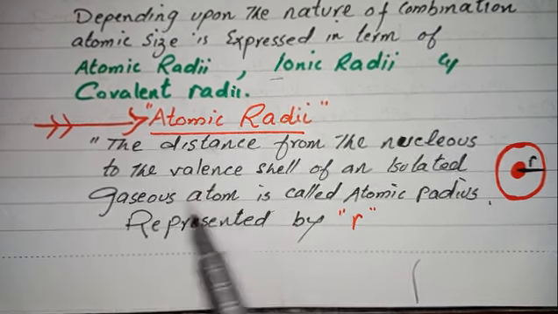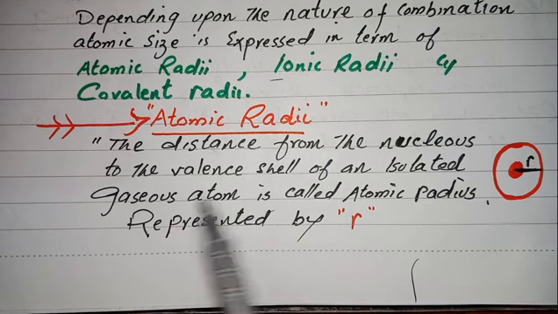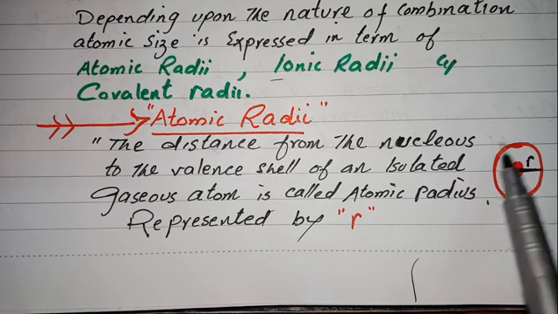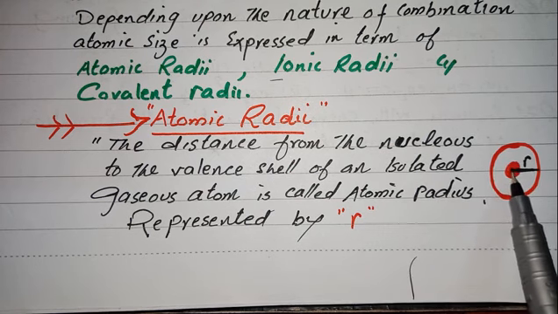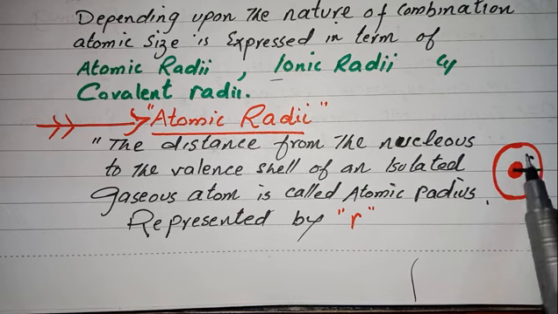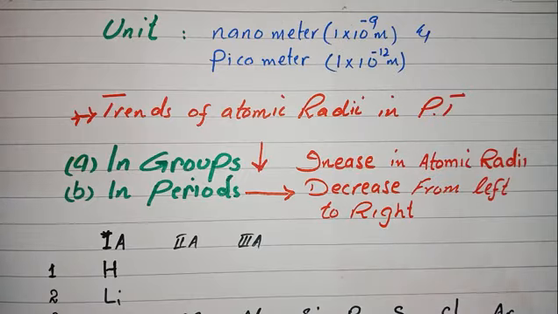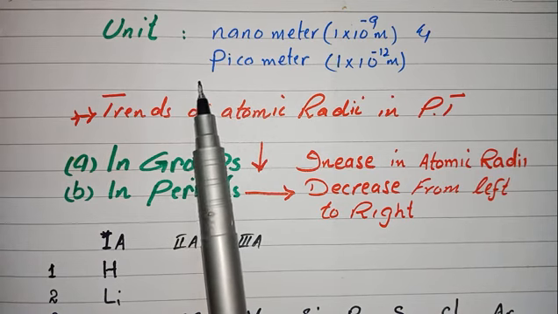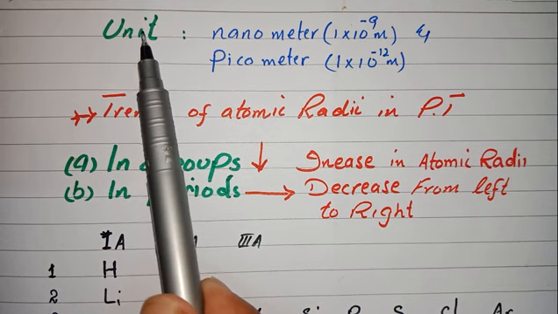The distance from the nucleus to the valence shell of an isolated gaseous atom is called the atomic radius, and it is represented by R. Let's suppose this is an atom. This is the nucleus of the atom, so the distance from the nucleus to the valence shell is said to be the atomic radius. As atomic radius is a distance, we will have to take the unit of length.